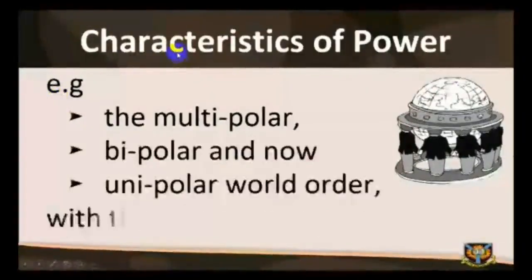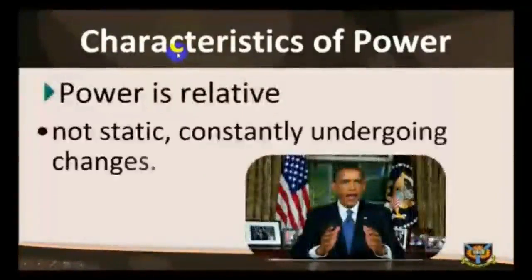For a country to be described as powerful, it has to be compared to another or other countries. For example, Nigeria can be described as powerful when it is compared with other states in Africa and possibly some weaker third world countries. But Nigeria cannot be described as being powerful when compared with the United States of America and some European countries.